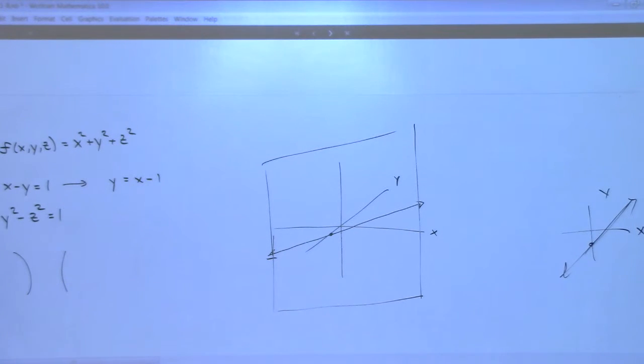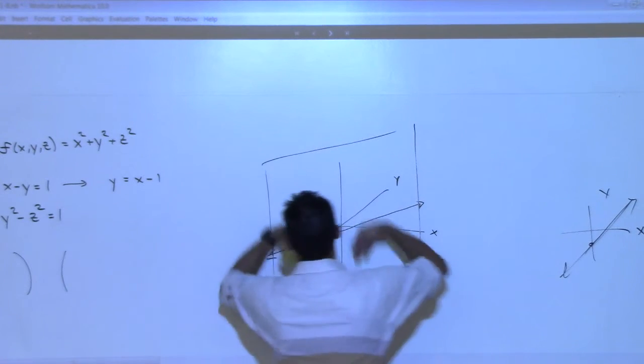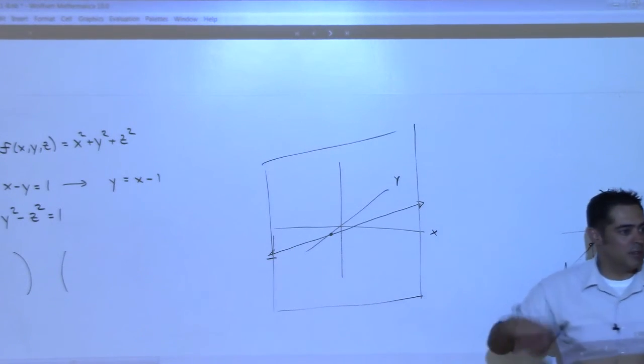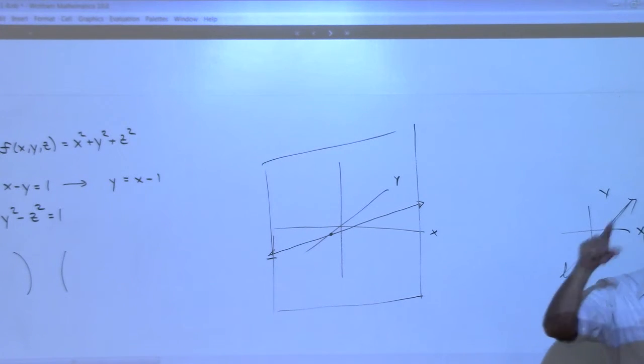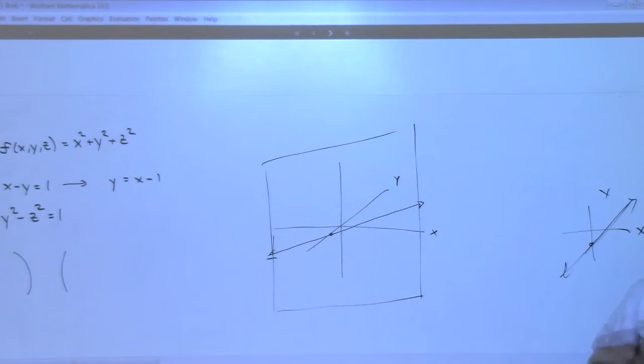It's going to be hard to draw. But it's where this surface hits that plane. So you only have certain points. I'm not going to be able to draw it, unless I use the computer. But it will hit it, so probably we'll have two lines. It'll look like probably two ellipses or something like that. They won't be straight lines.